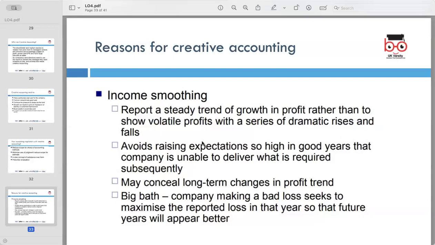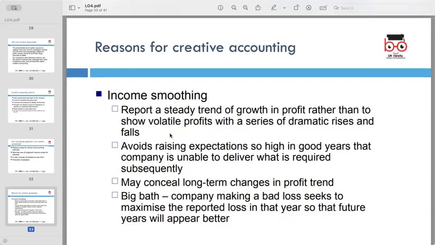Then, one of the motivations behind creative accounting is income smoothing, which involves reporting a steady trend of profit growth rather than volatile profit characterized by dramatic fluctuations. This practice serves several purposes.